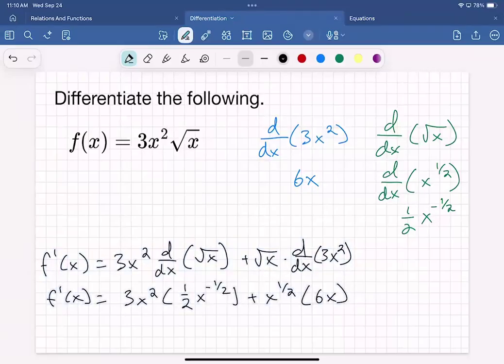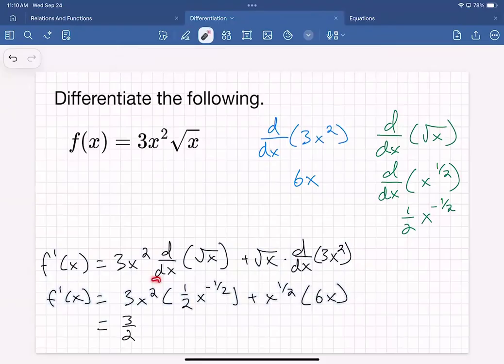You can see I changed that other radical because we're going to have to do some simplification here, so might as well just convert it over while we're dealing with it. From this first one, we'll get 3/2, but make sure you see here, we're going to have 2 minus 1/2. And the other one's going to be 1/2 plus 1.